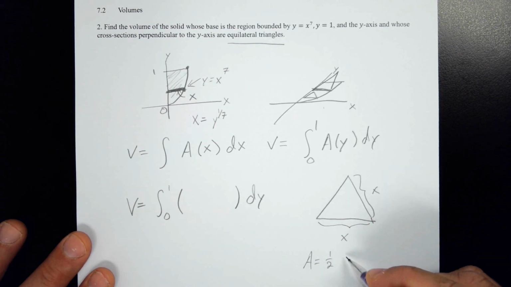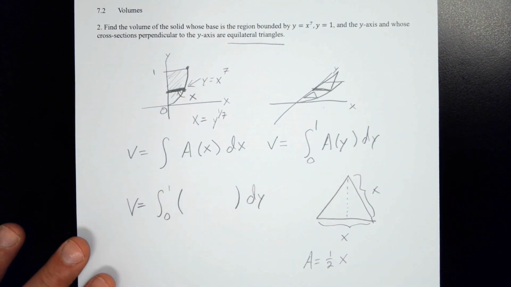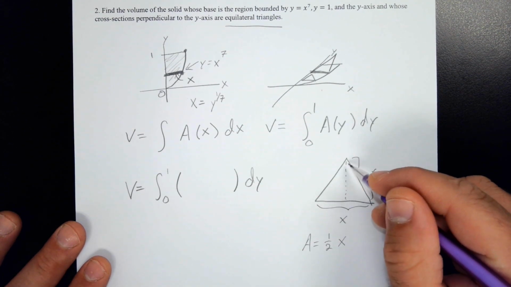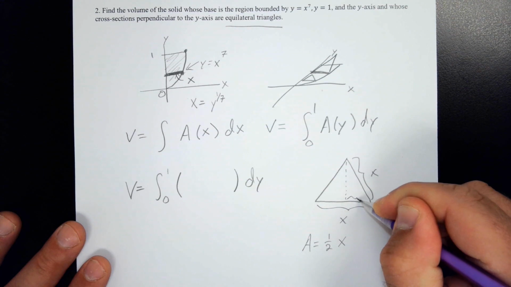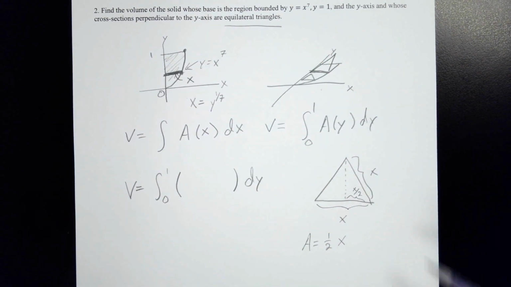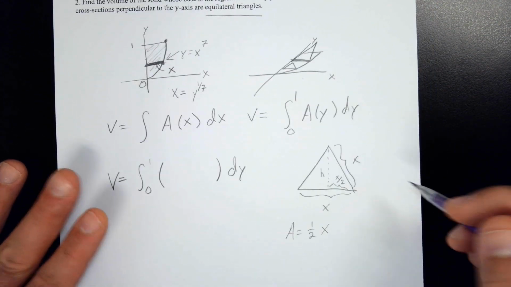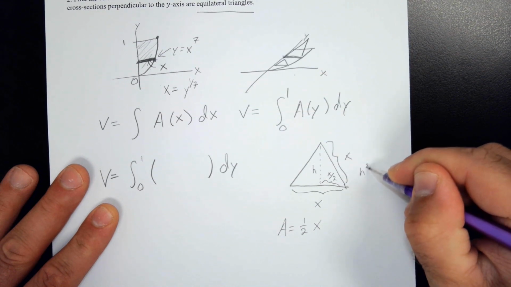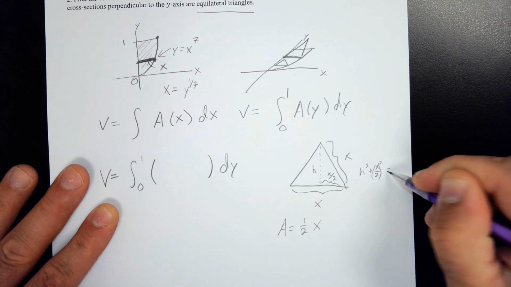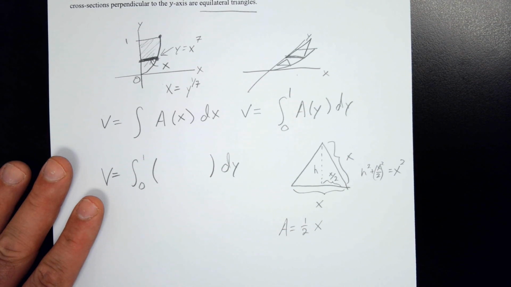The base of this triangle is x, and the height is this distance right there, whatever that height is. You could think of this as a 30, 60, 90 triangle, where this is x over 2. Or you could do the Pythagorean theorem: h squared plus x over 2 squared equals x squared. This side squared plus this side squared equals this side squared.